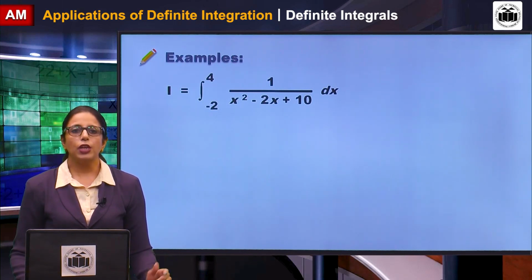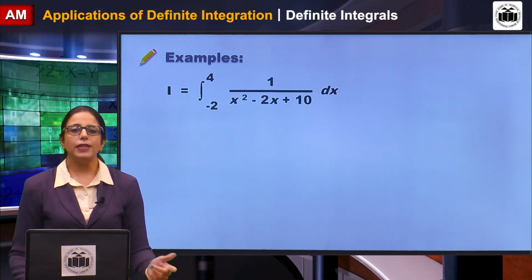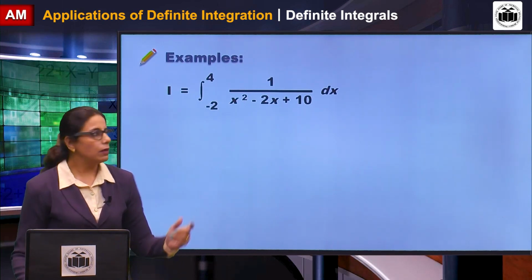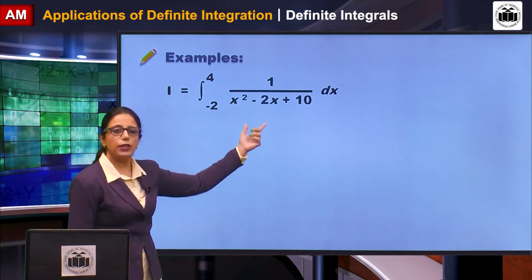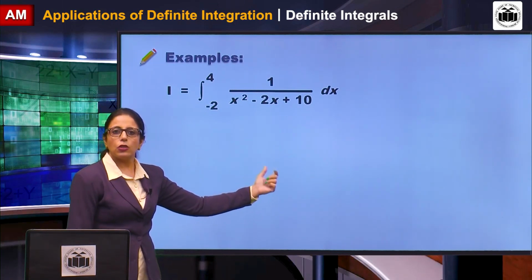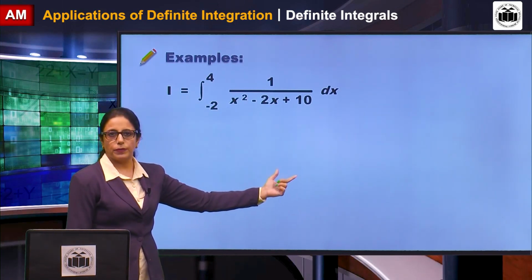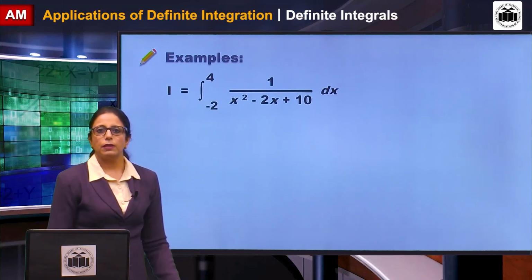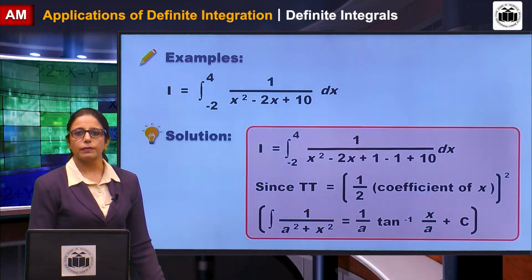But if it cannot be factorized, what is the next method that we do? The next method, of course, would be the third term formula, which we will use to make the quadratic equation in the denominator in the form x squared plus or minus a squared. That is how we are going to bring the denominator. Let us see here. Yes.